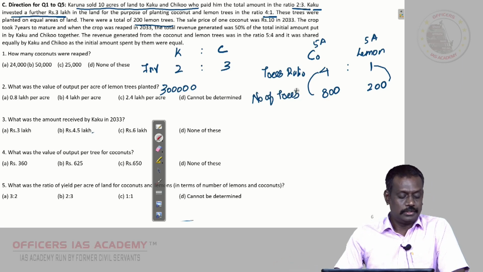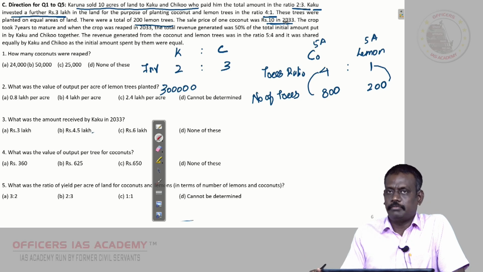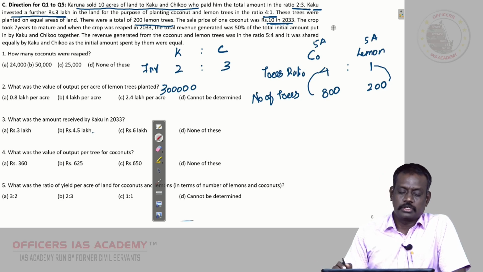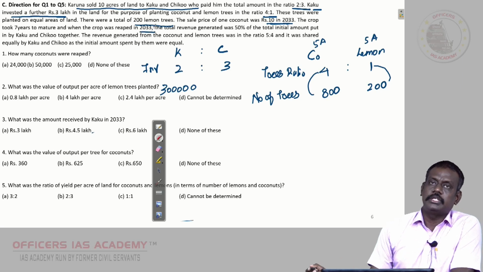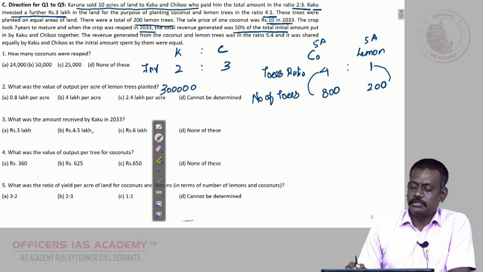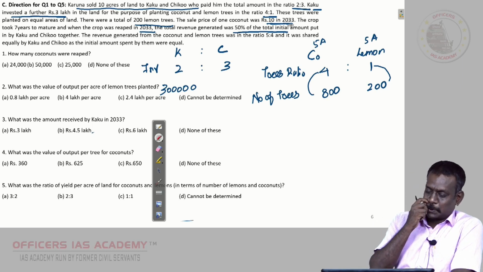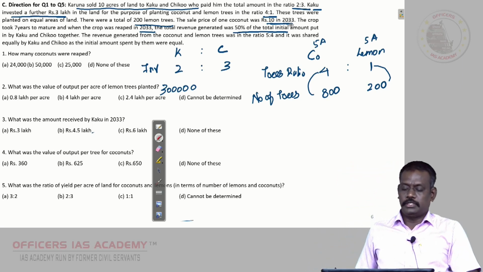Okay, and next, the sale price of one coconut was rupees 10 in 2033. We will come back to that little later. The crop took 7 years to mature, and when the crop was reaped in 2033, the total revenue generated was 50% of the initial amount put in by Kaku and Chikku together. Okay, so that also we will come back to a little later.